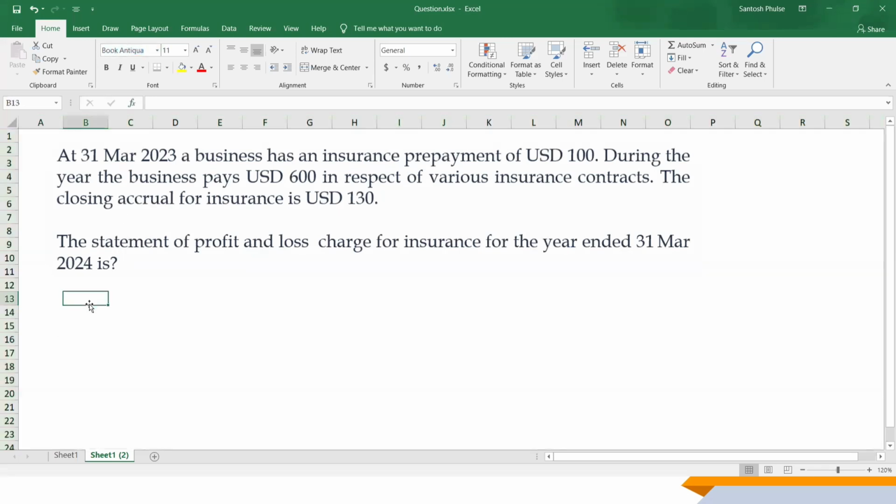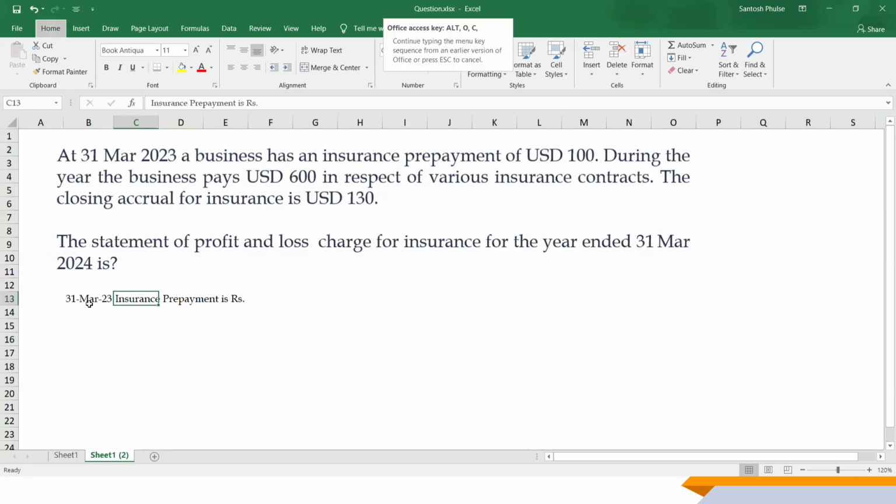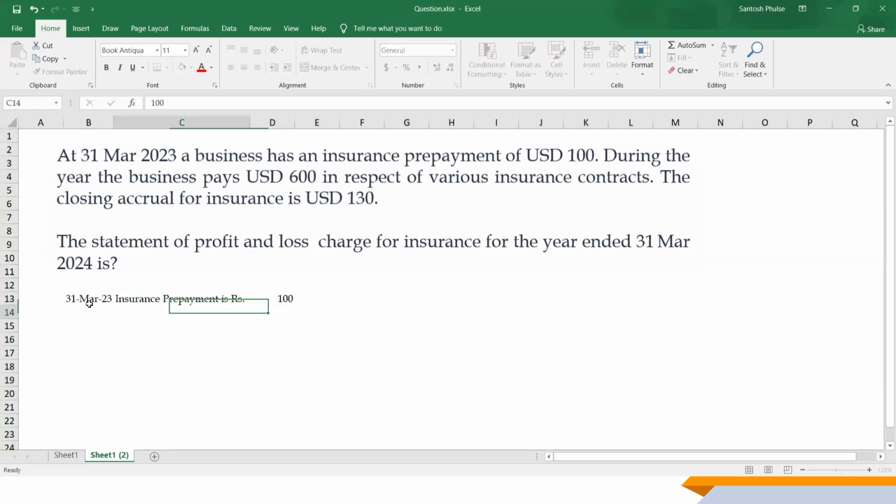So if you see here, again, as on 31st March 23, the insurance prepayment is rupees 100.